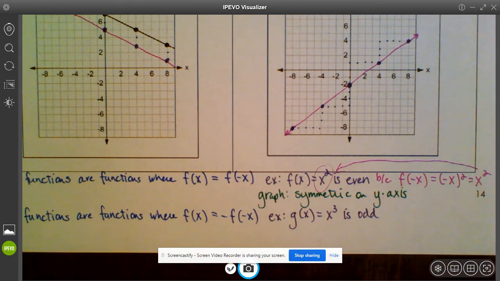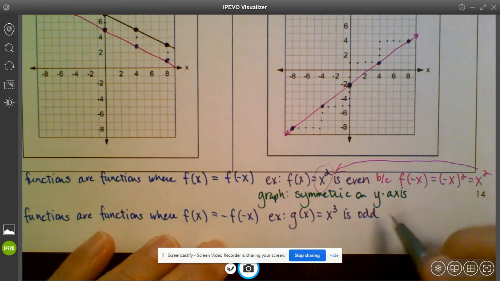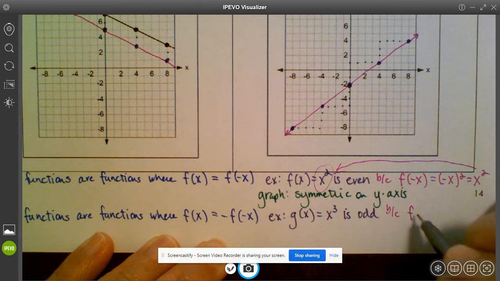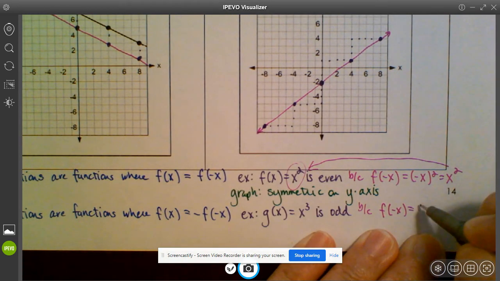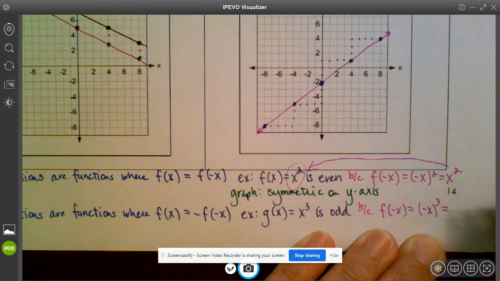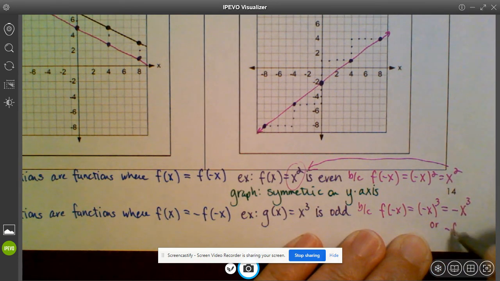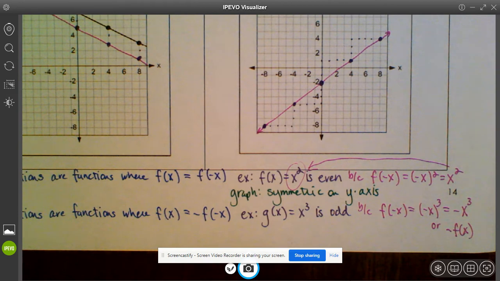This is odd because when you take f of negative x, you will take the negative of x and cube it, which is negative x cubed, or negative of f of x. And you're saying, whoa, dear, you're really going a little crazy here. And it is a little crazy. So on a graph, it's, do you remember the 180-degree rotation? That's sort of what it looks like, okay?